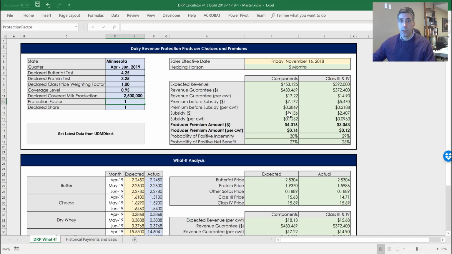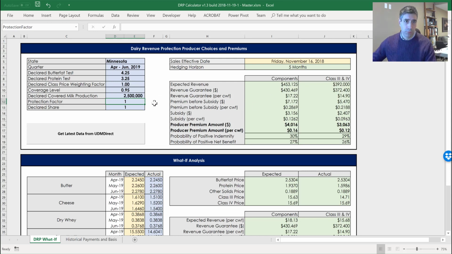In this case, the subsidy will be $3,156 for the components-based endorsement, or $2,407 for the class pricing option. The amount that you, producers, have to pay if you choose to buy this policy will be $4,016 under the components, or $3,063 under class 3.